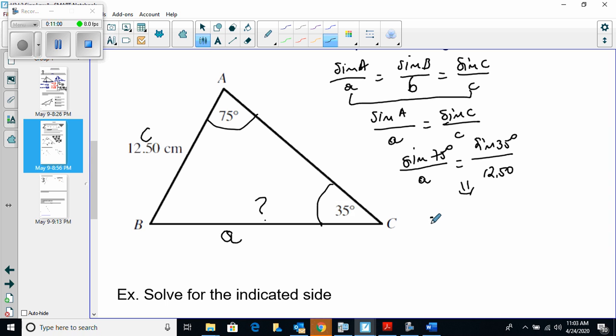From here, we find that A is 12.50 times sine 75, the whole thing divided by sine 35 degrees.